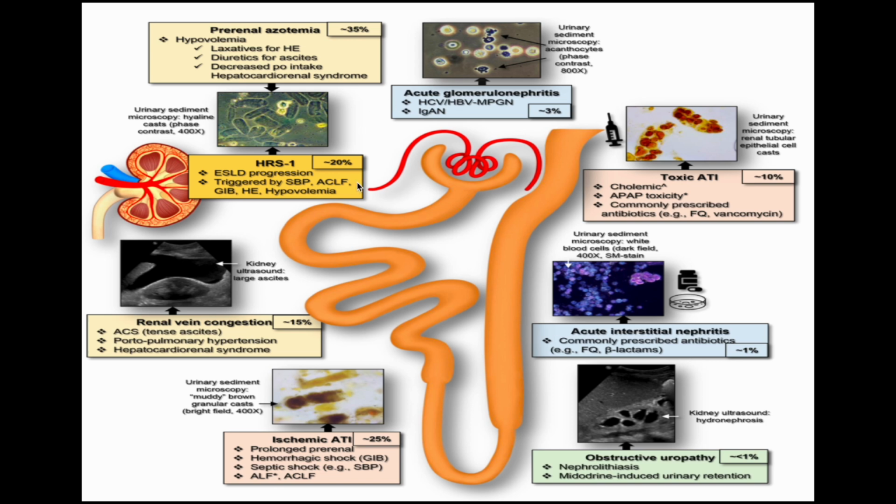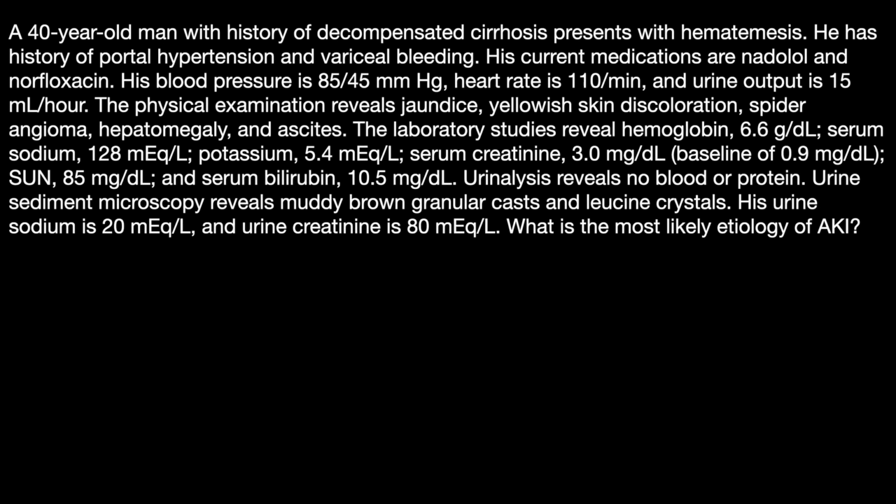But this is the overall classification, and to summarize, we start with this first. Next, we go on to our case, which was a 40-year-old man who has a history of decompensated cirrhosis. So he presents with hematemesis, and he has a history of portal hypertension and also variceal bleeding.